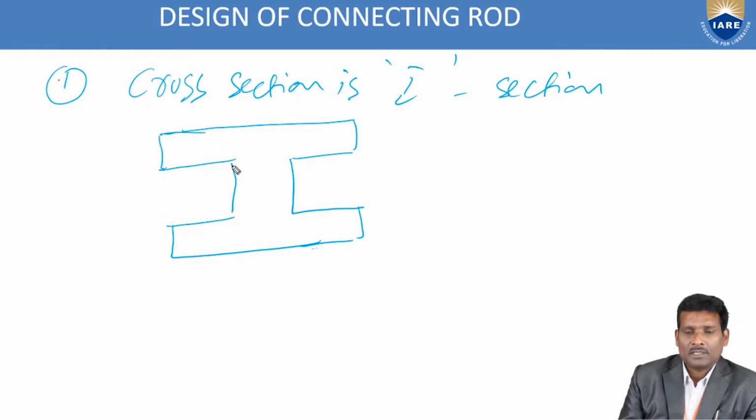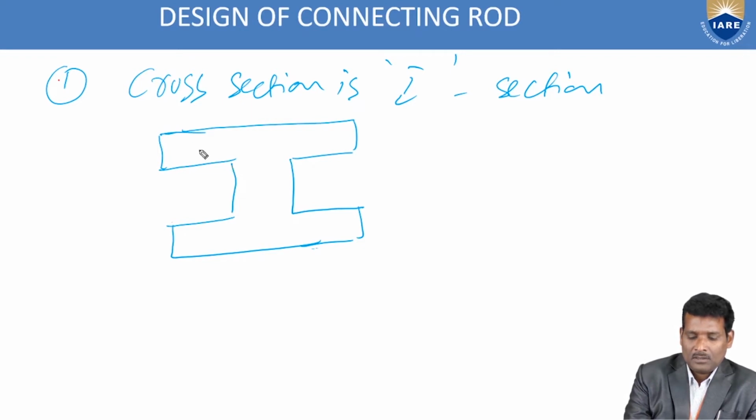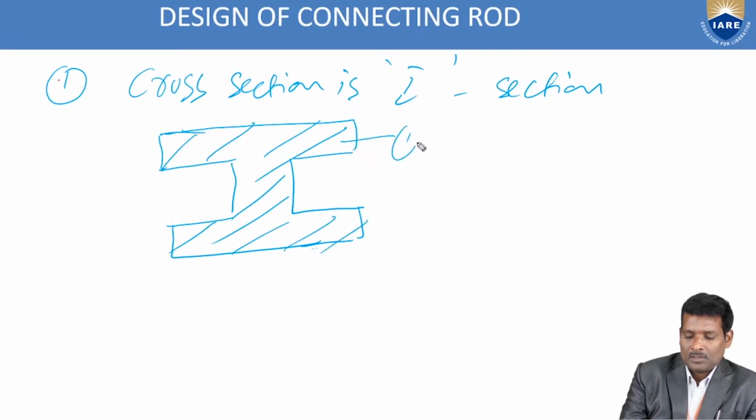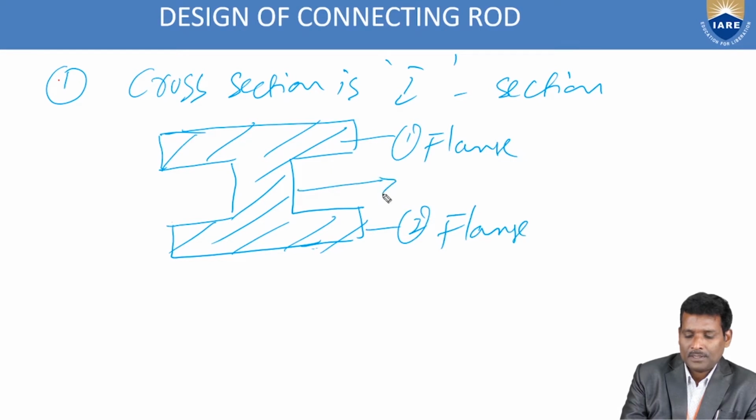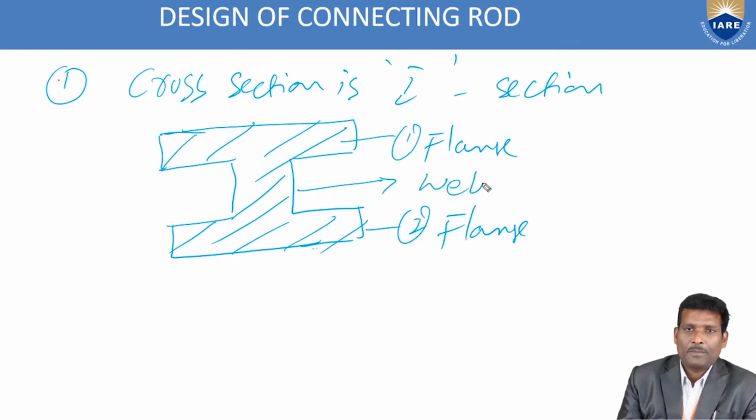This is the I section. This is a flange, this is the second flange, and this one is the web.